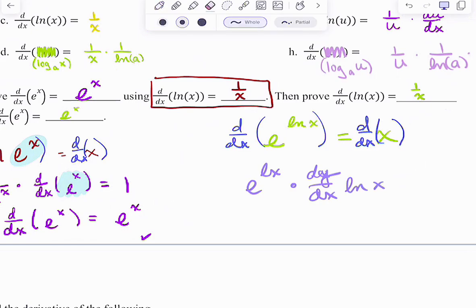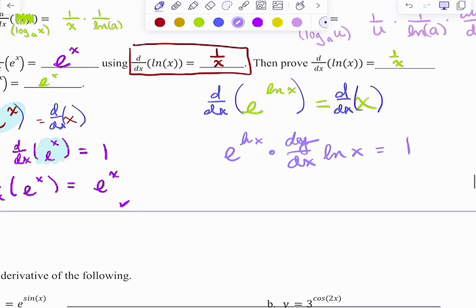My natural log got funky. Let me fix it. And the derivative of x equals 1. E to the natural log of x is just x.